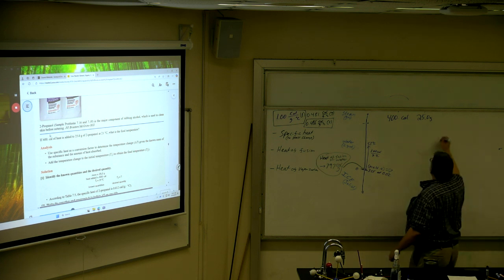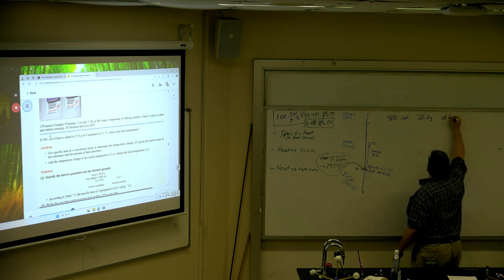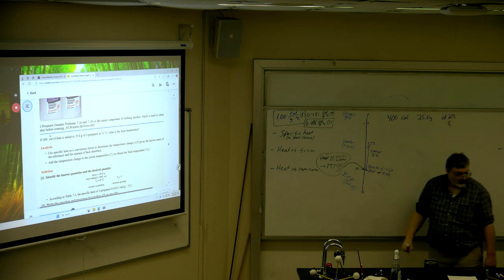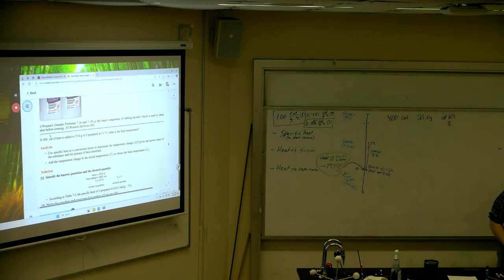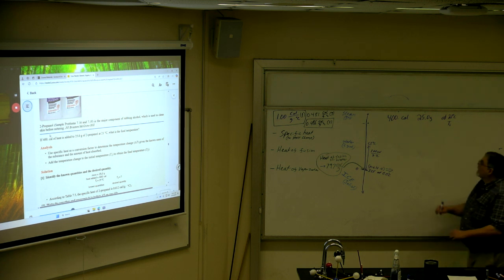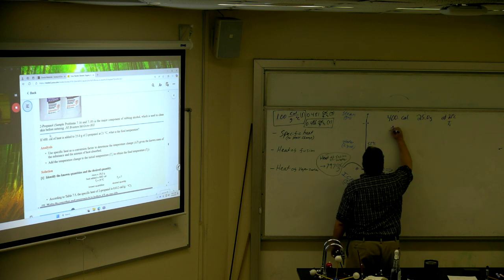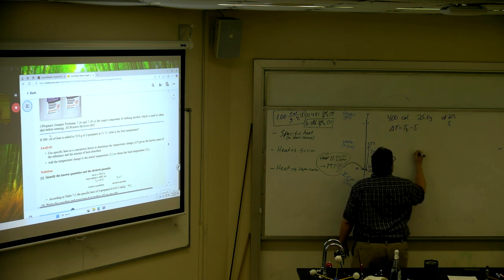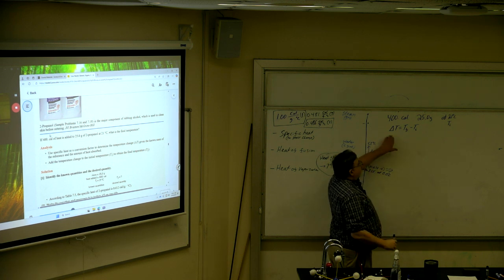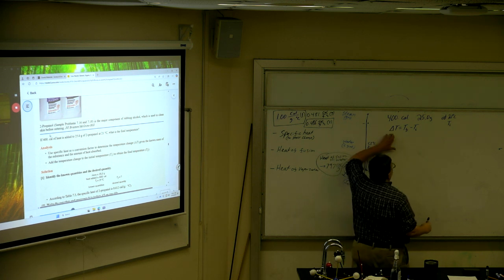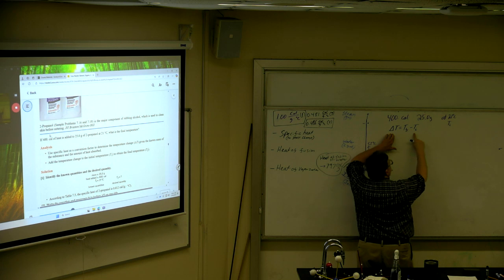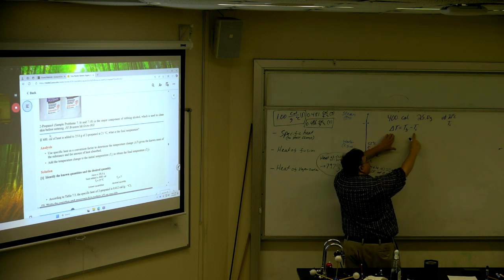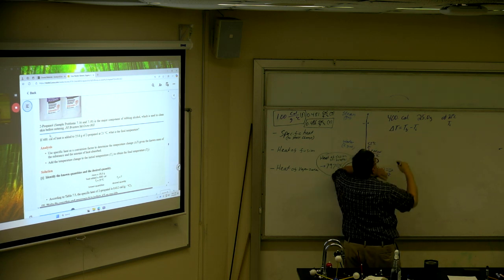It's at 21 degrees C. Notice we're being given T initial. And we're being asked, what is the final temperature? So what we have to calculate here is the delta T, and then we can use the known delta T and the known temperature initial to find the final temperature.